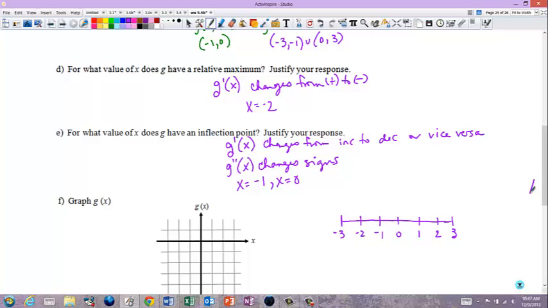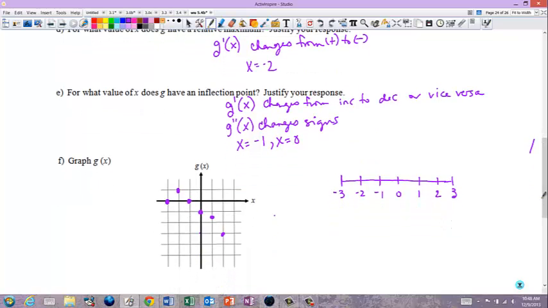I've got at -3 it's 0, at -2 it's 1, -1 it's 0, 0 it's -1, 1 it's -1.5, 2 it's -3, and 3 is -5.5. So 1, 2, 3, 4, 5.5. 1, 2, 3, 4. 1, 2, 3, 4, 5.5.